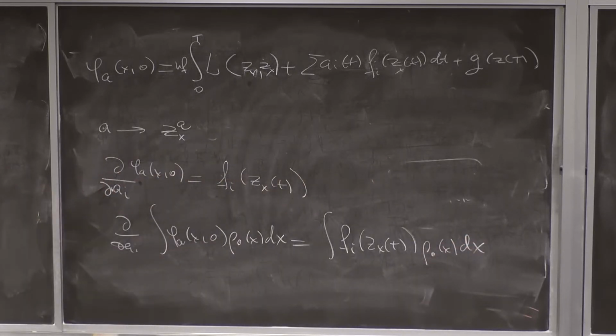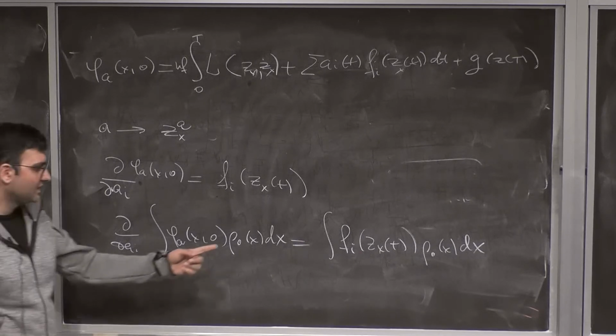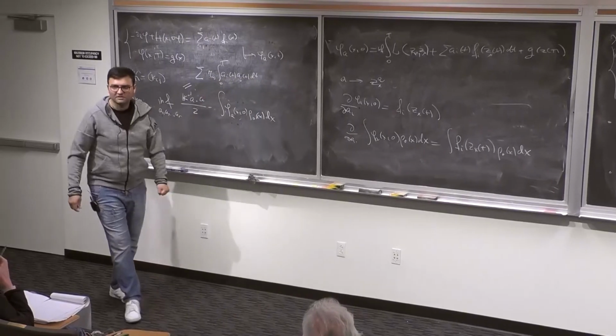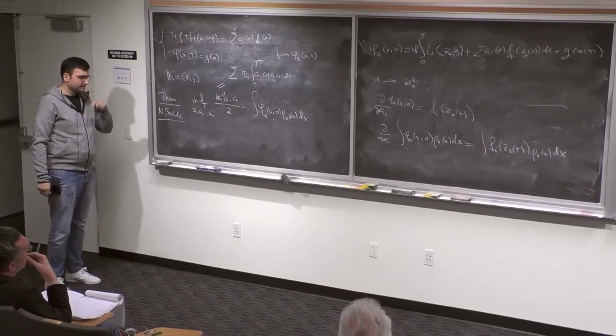So in fact, you can sample from your trajectories and just calculate the expectation, and you are done. You know the gradient direction.